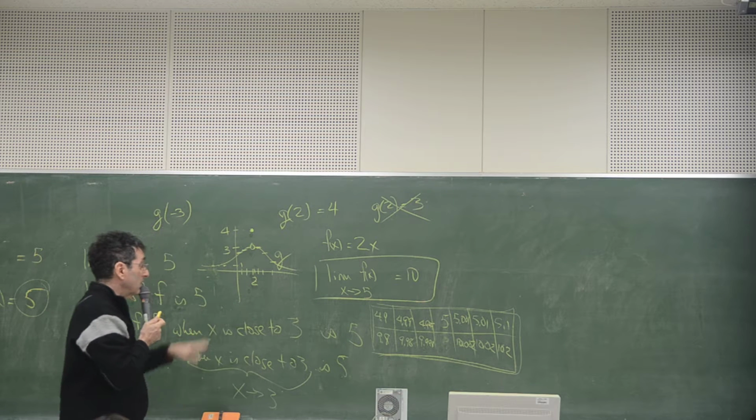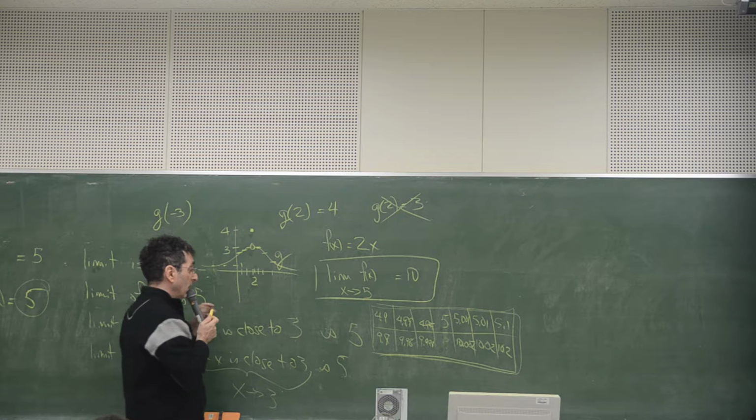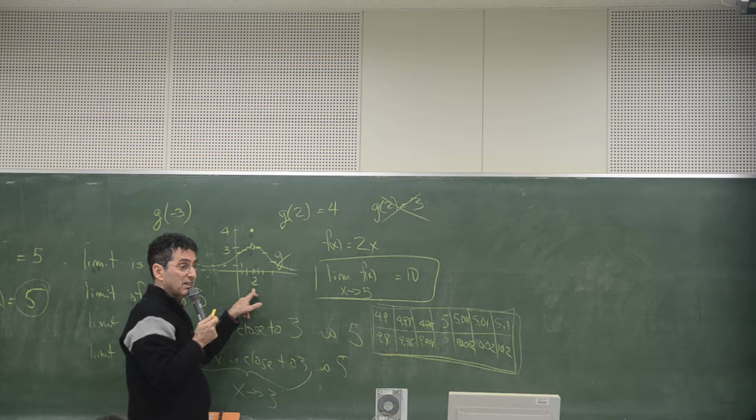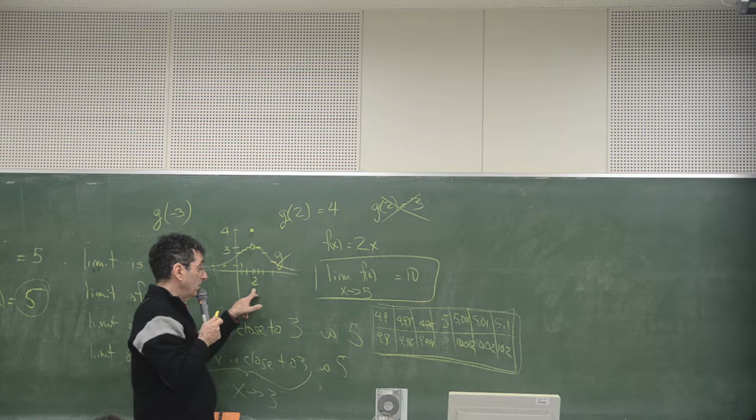So again, what's the answer for the limit as x approaches 2 for this case? 3. What's the value of g at 2? 4. Let me repeat it again. What's the limit of g at 2? 3. But what's the value of g at 2? 4.